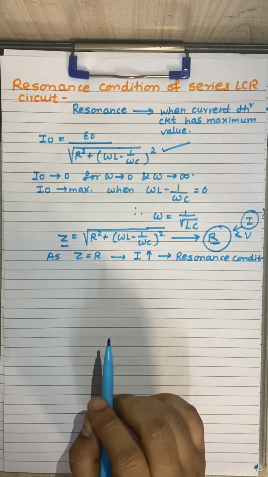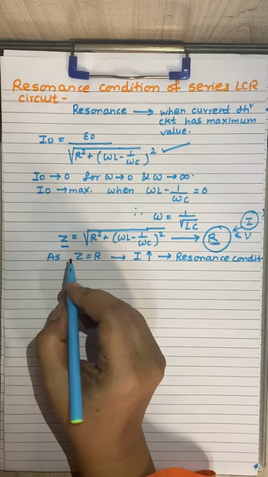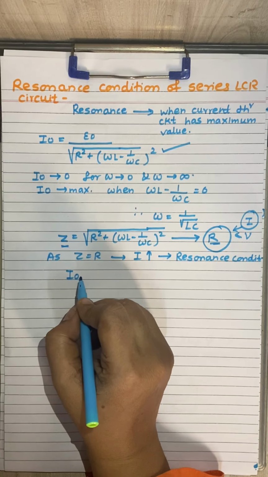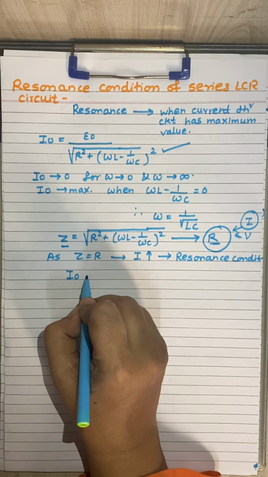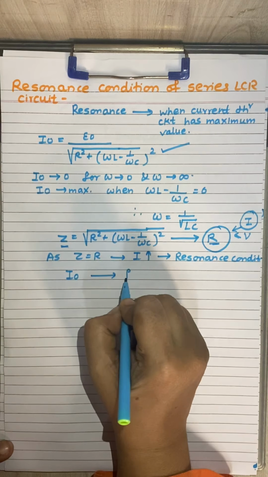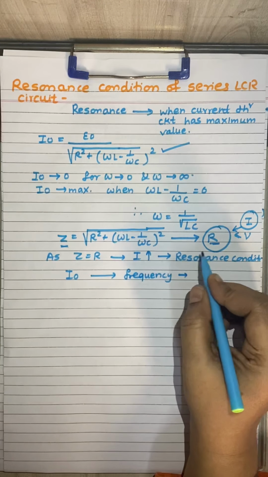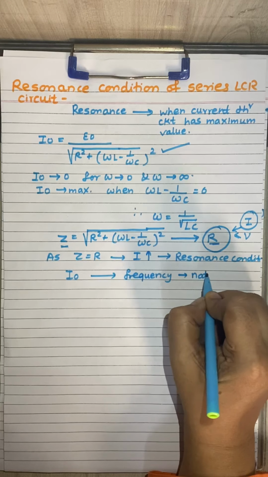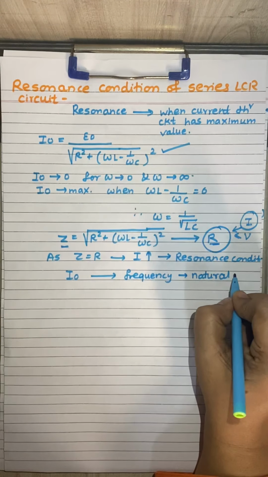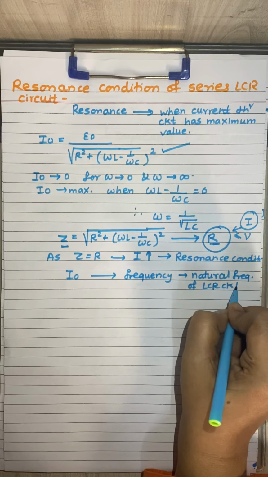The frequency at which the current amplitude becomes I naught, the maximum current, is important. When the current amplitude reaches its peak value, the frequency at which it attains that I naught value is called the resonating frequency, or the natural frequency of the LCR circuit.